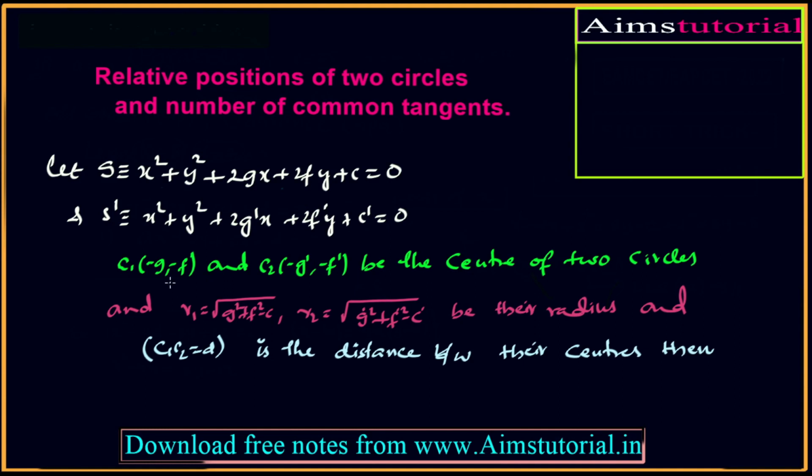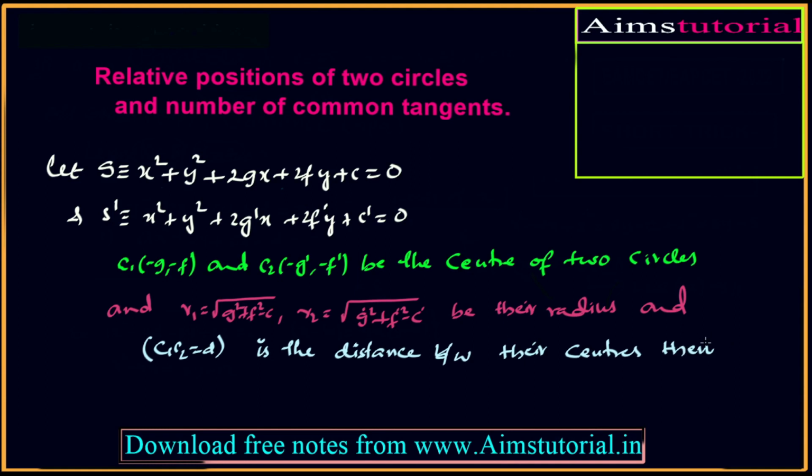C1, the center of the first circle, is (-g, -f), and C2, the center of the second circle, is (-g', -f'). R1, the radius of the first circle, is √(g² + f² - c), and R2 is √(g'² + f'² - c'). C1C2 = d is the distance between their centers.